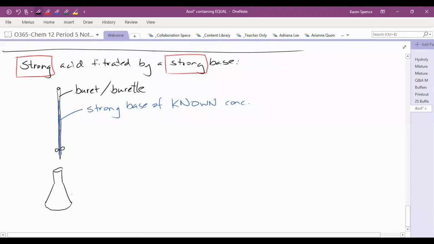And the reason that we like that style of flask is that it prevents splashing, right? If things splash up, they're just going to hit the side of the container and go back down. Now I've drawn all over it. And also it's easy to pick up and swirl. So we do the drippy, drippy, swirly, swirly with this. Now in our flask, we are going to have some strong acid.